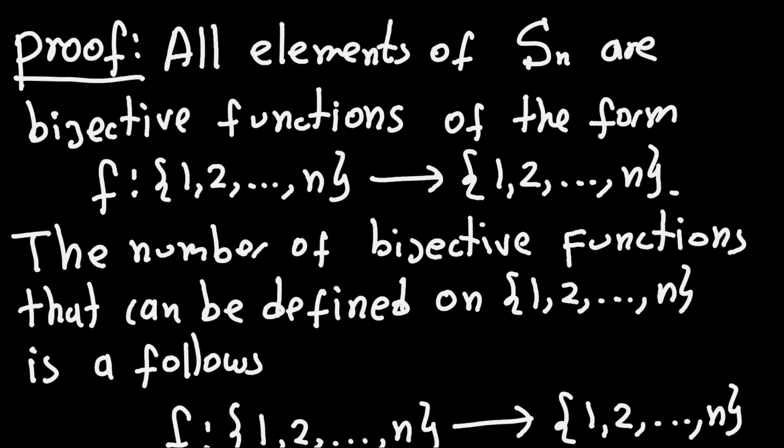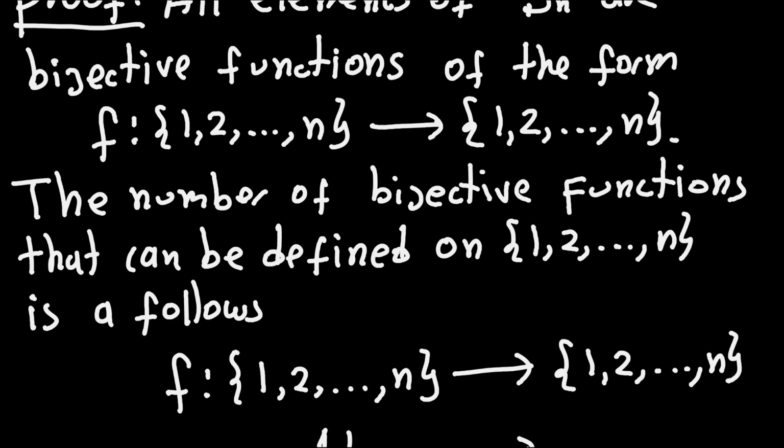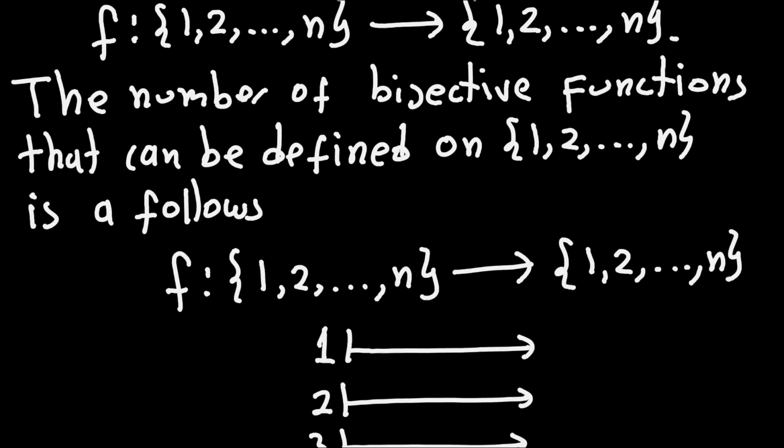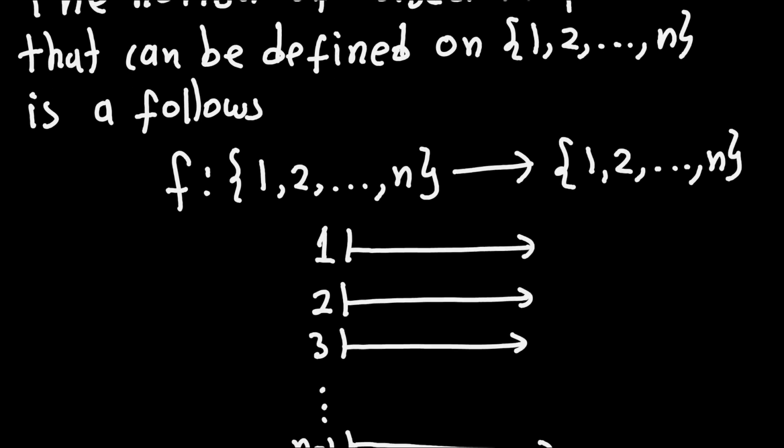The number of bijective functions that can be defined on this, we can do it as follows. So we're going to have a function that goes from 1 through n to 1 through n. So defining the function means I need to assign a value to 1 here. So what the function is going to do here to the number 1. Now, this is going to be counting a number of possibilities. Okay, so if you look at 1 here, in how many ways can I assign 1 to an element here.